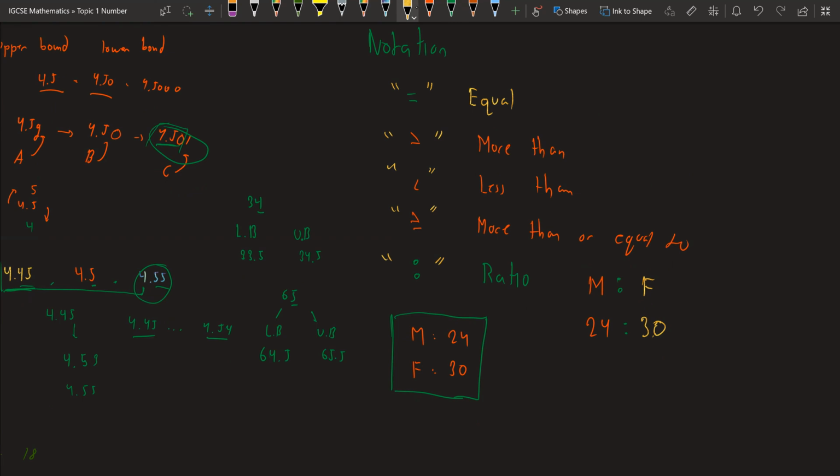I could reduce 24 to 12, and 30 to 15. So for every 12 male students, there are 15 female students.